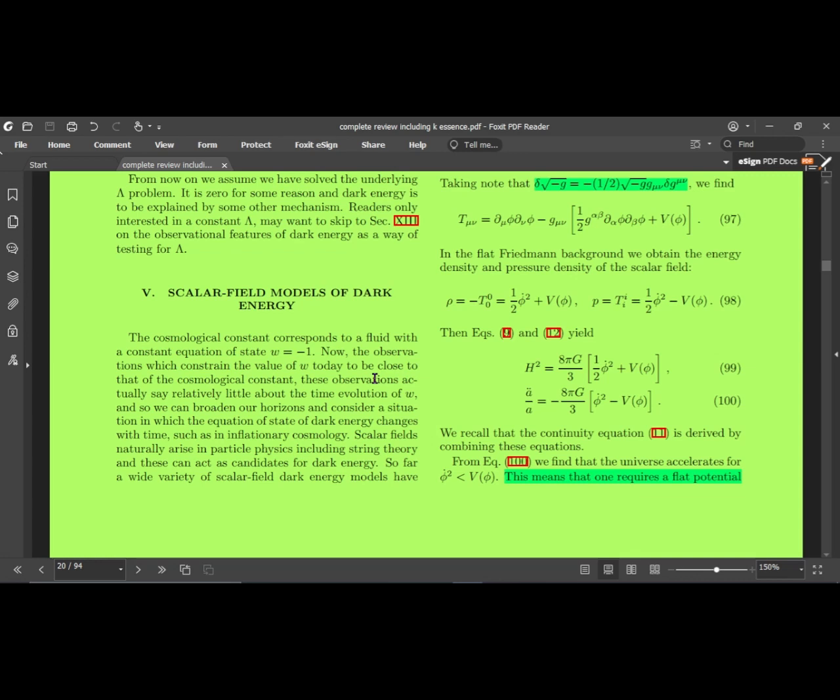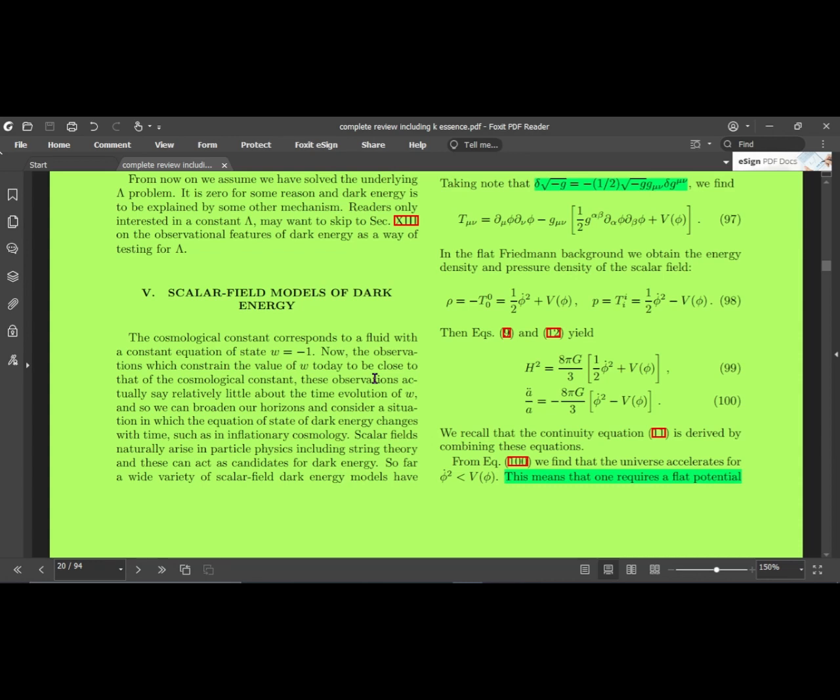So from the idea of particle physics, we cosmologists propose that maybe in cosmology also, in the universe, there exists some kind of scalar field, let us denote it with phi, which is responsible for today's cosmic acceleration.